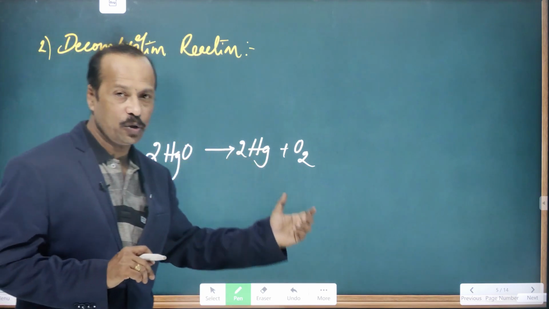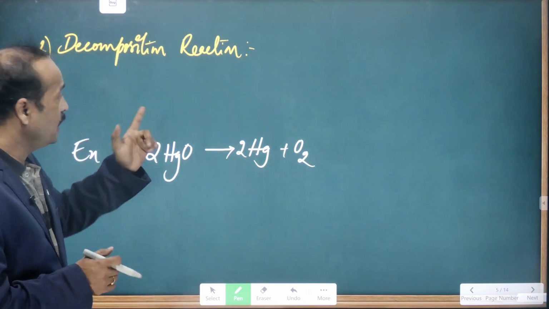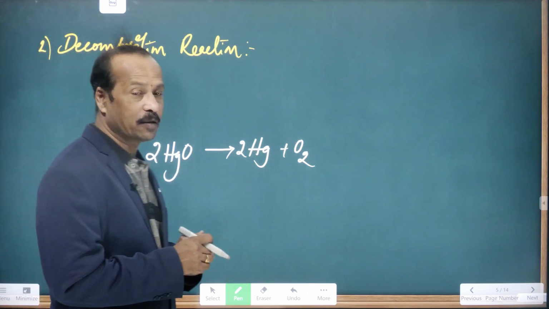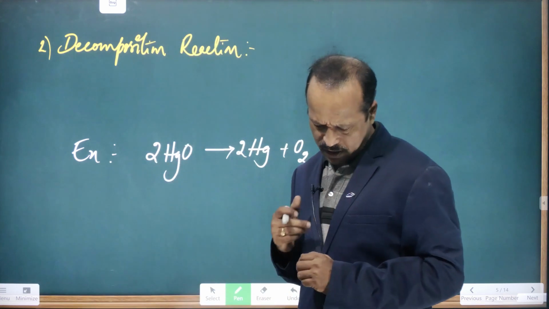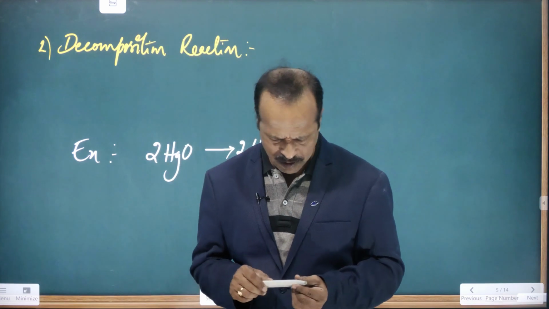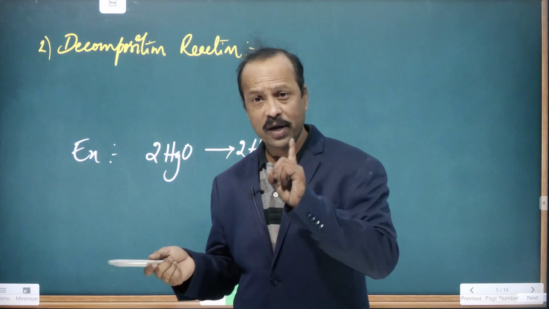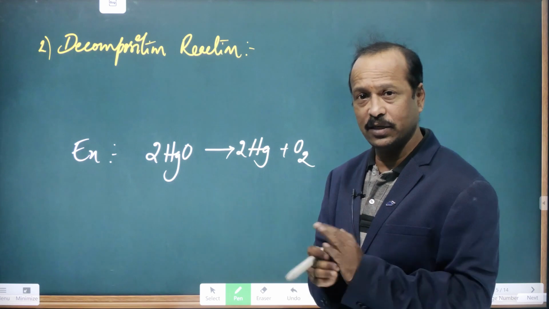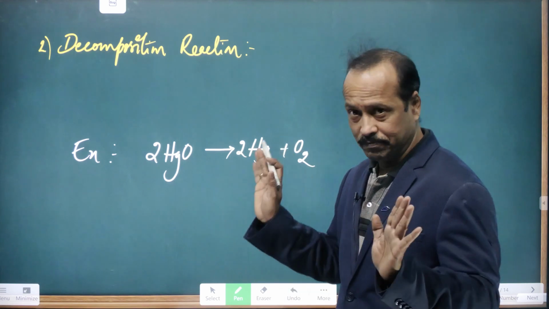So this is a decomposition reaction. First, try to understand the definition. According to the material, a decomposition reaction is a type of chemical reaction in which one reactant yields two or more products. That is called a decomposition.